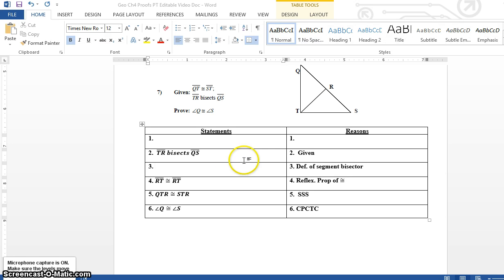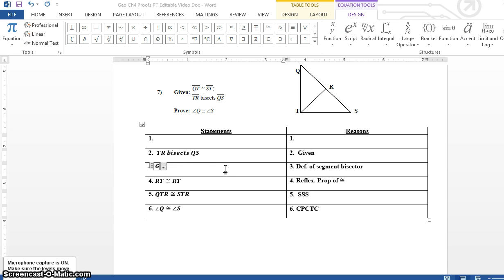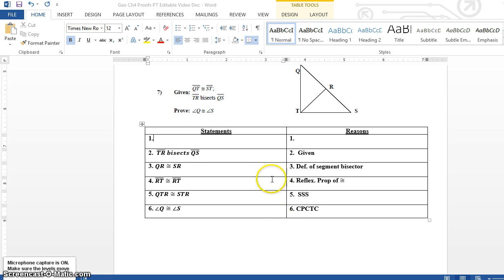So then we look here. This definition of a segment bisector definitely comes from the previous statement where TR is bisecting QS. So if TR bisects QS, QS is getting split into two congruent parts. That would be written as QR is congruent to SR. Thus, working backwards, we must be missing something.